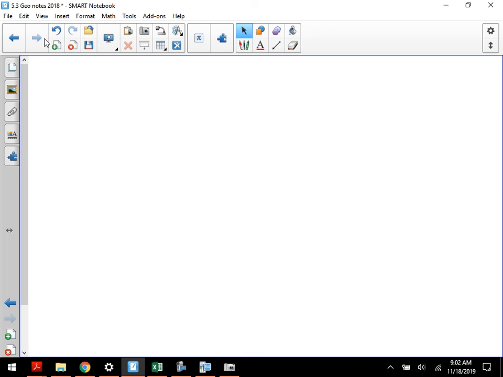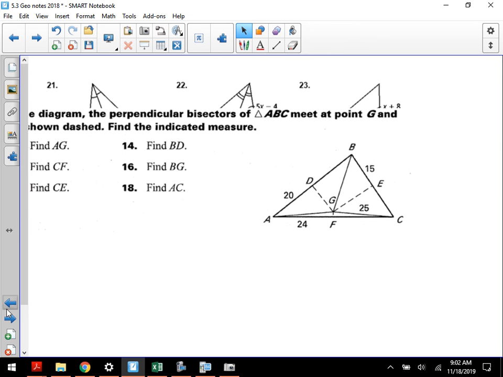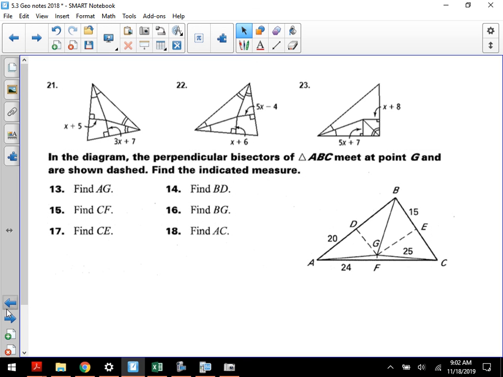I will say, at the bottom of page 1, that one larger diagram picture, it is the circumcenter because it says the perpendicular bisectors meet.